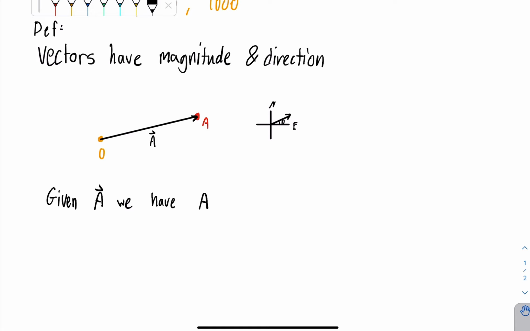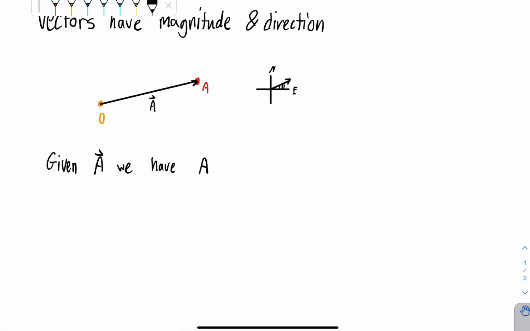So we could define, given vector B, we could have vector B equal to some constant lambda times vector A. And this scalar quantity lambda is going to be in the real numbers.